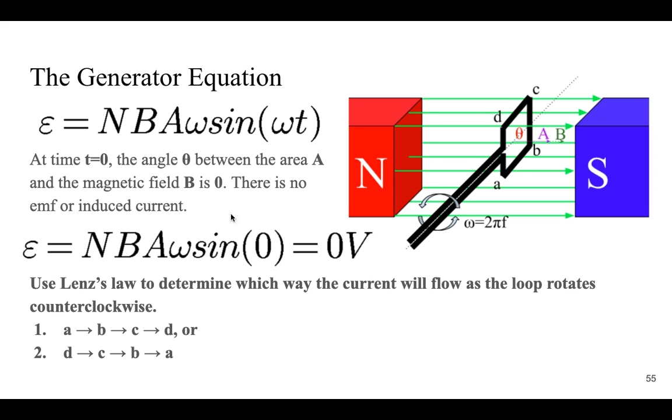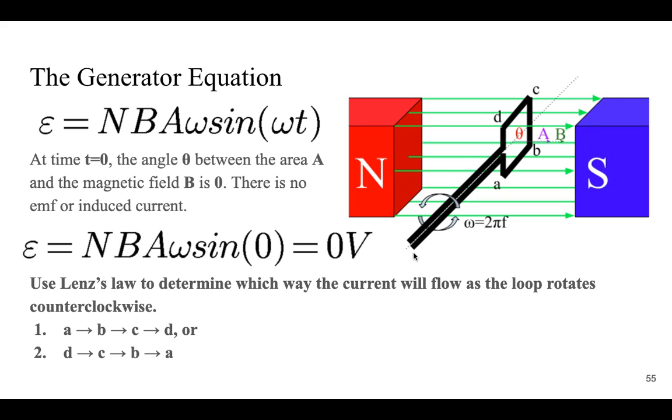Now try to imagine what's going to happen as this thing starts to rotate counterclockwise like this. We are suddenly going to start to have an EMF. So we're going to have a current, EMF will be induced, which means we're going to have a current flowing through this thing. So try to figure out, using Lenz's law and the right-hand grip rule, which way is the current going to flow?